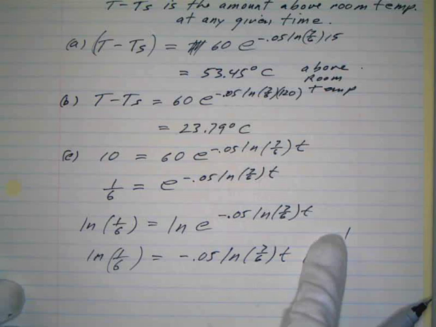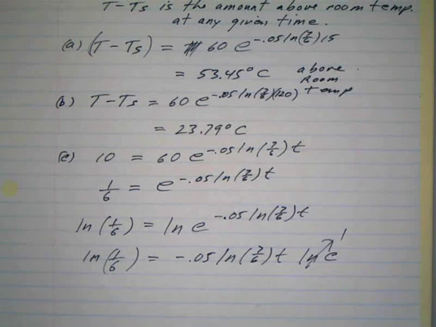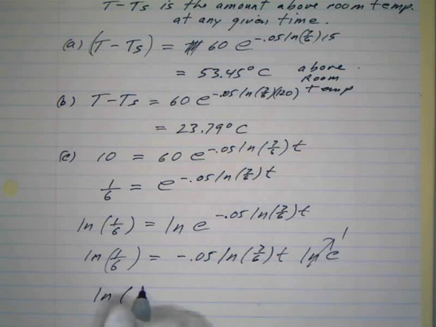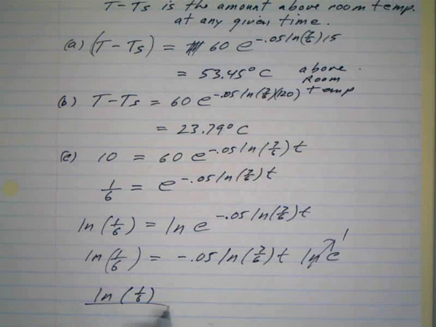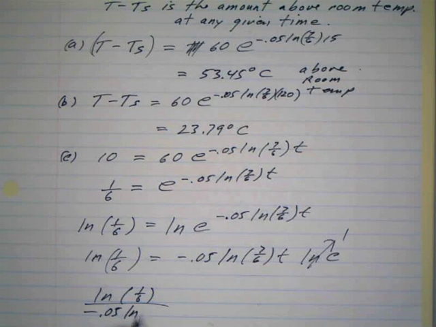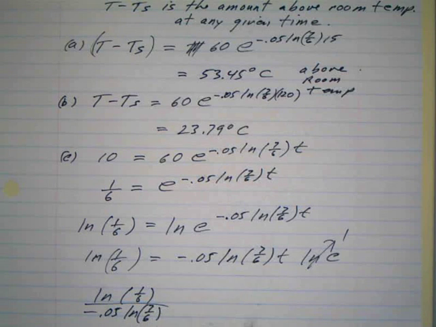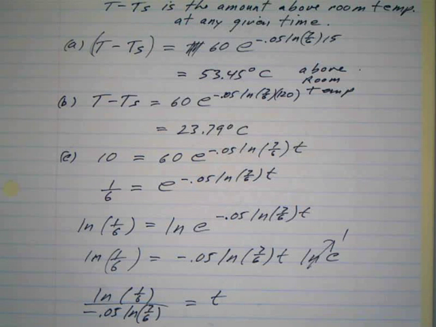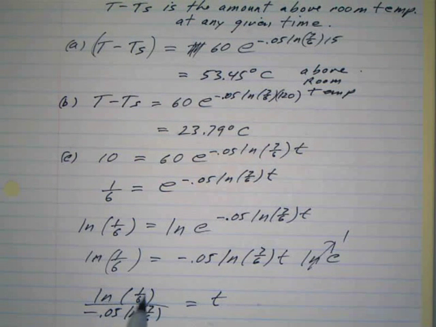And then I just divide by all this to get t. So I have the natural log of 1 over 6 all divided by negative 0.05 natural log of 7/6, and that equals t. And then when you work all that out in your calculator, make sure you don't forget the minus sign, because this is going to make this denominator negative, and since the natural log of 1 over 6 is negative, I'll end up with a positive.